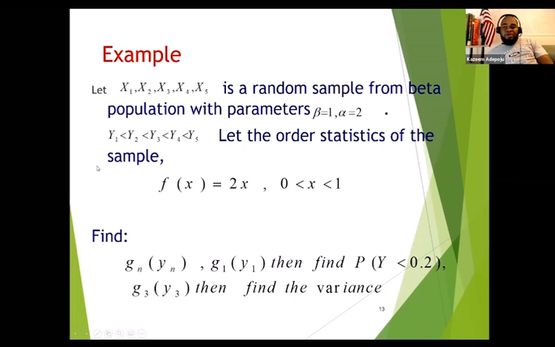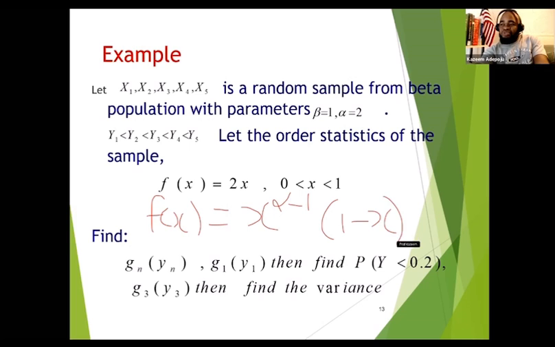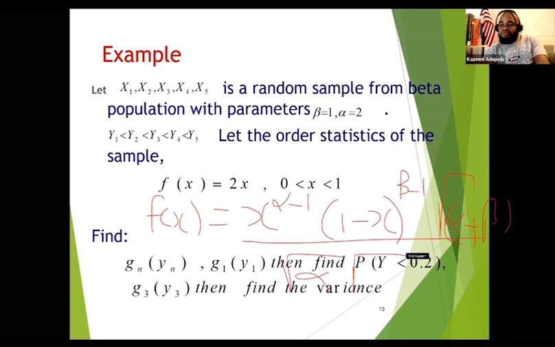If you look at a beta distribution, you have x raised to power alpha minus 1, 1 minus x raised to power beta minus 1, then gamma alpha plus beta divided by gamma alpha, gamma beta. If you plug in beta to be 1 and alpha to be 2, now take a look at that.